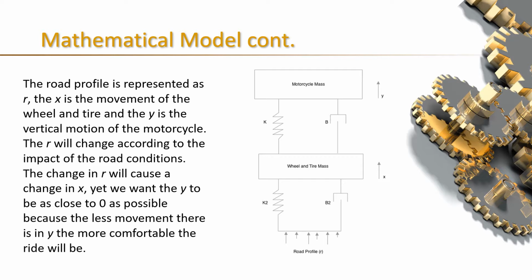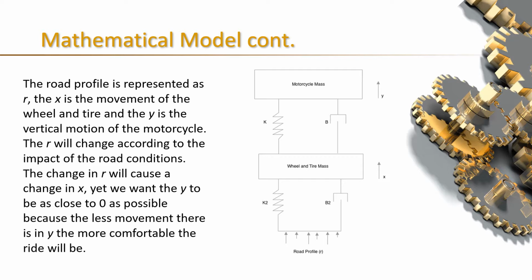The road profile is represented as R, like I said before. The X is the movement of the wheel and tire. The Y is the vertical motion of the motorcycle. The R will change according to the impact of road conditions.